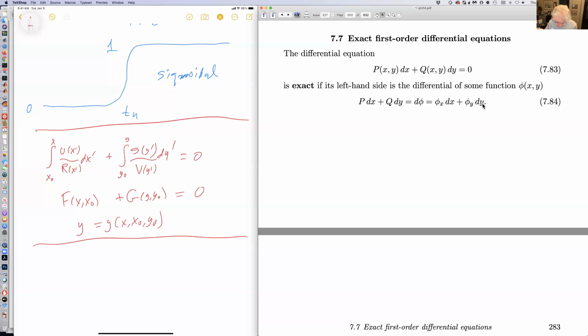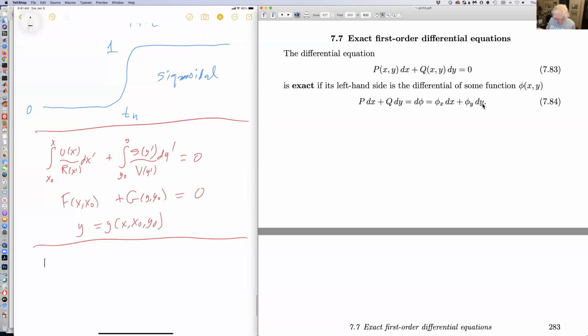So let me quickly shift back. Maybe I'll go to black. What we're saying here is that p dx plus q dy is equal to partial phi partial x dx plus partial phi partial y dy.